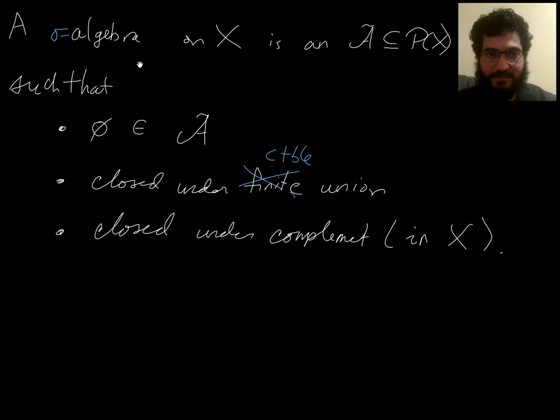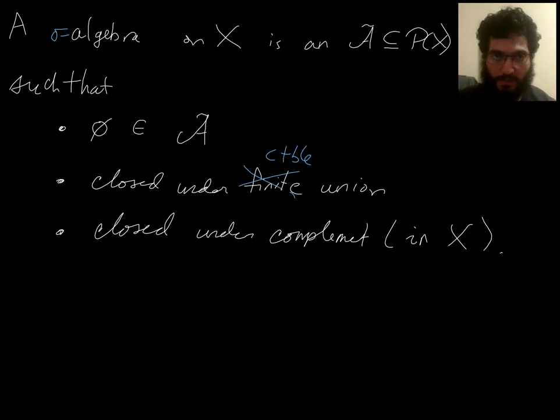One thing I'd like to compare with is the idea of a topology and trying to generate a topology out of a set. A sigma algebra is very similar in the form of the definition, at least, to a topology. We end up with a very different idea, but if you just stare at the definition, a topology also needs to have the empty set and the full set, which you need to explicitly say. A topology doesn't have to be closed under complements, but it has to be closed under finite intersections and then not only countable, but arbitrary unions.